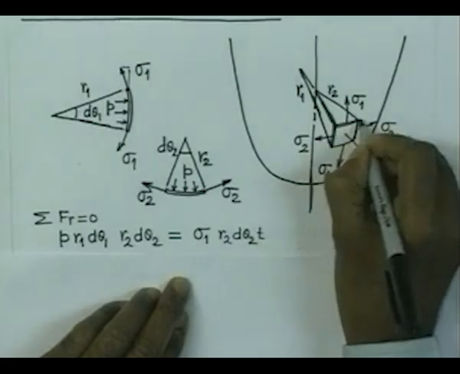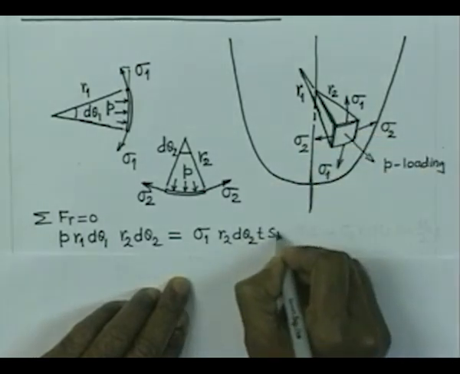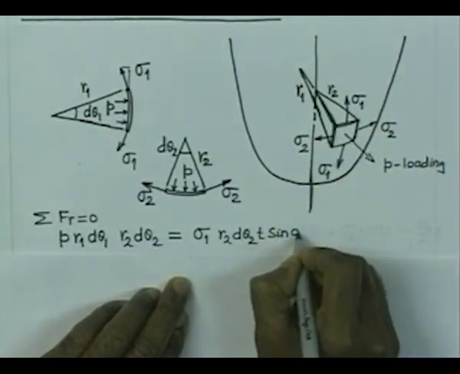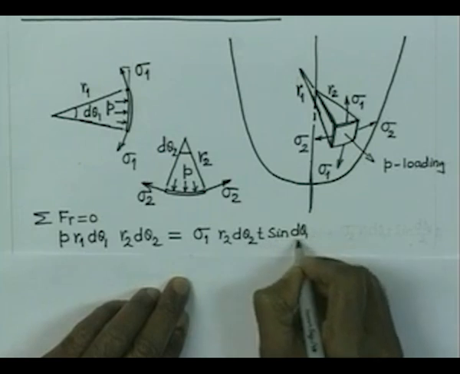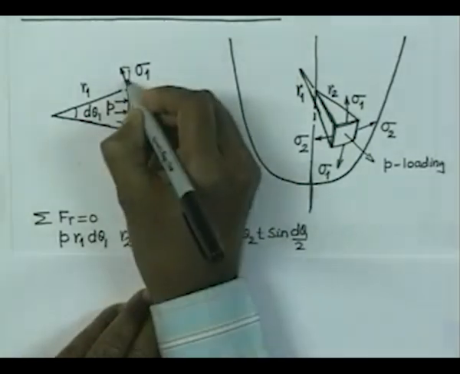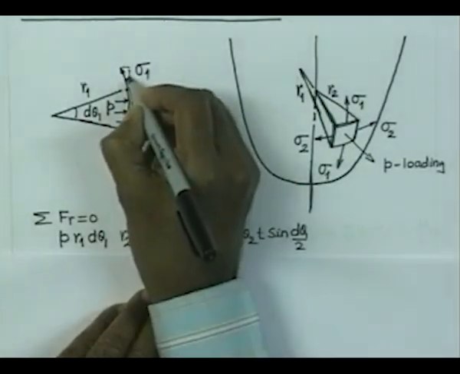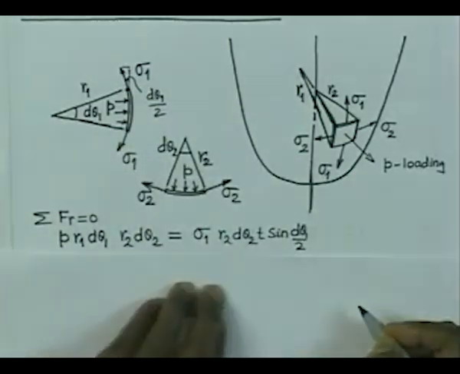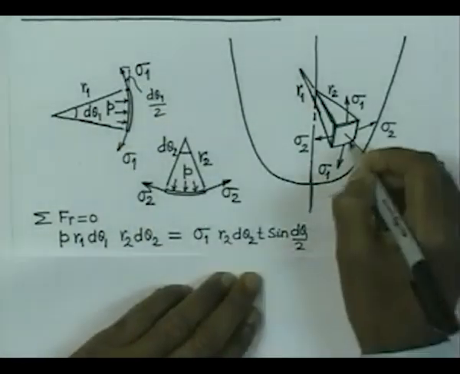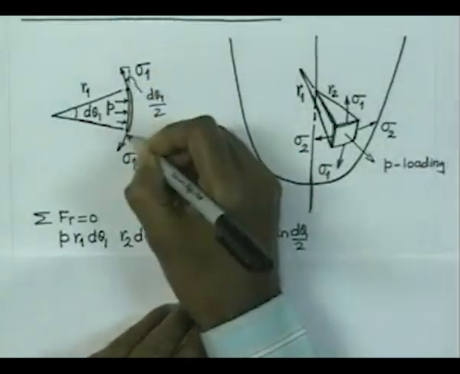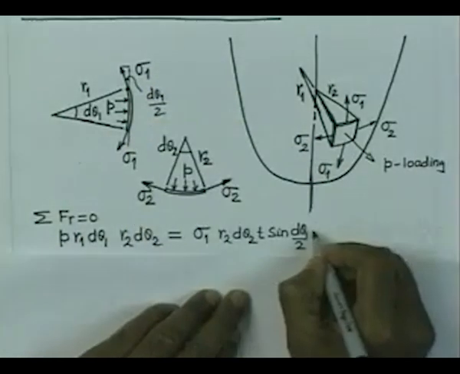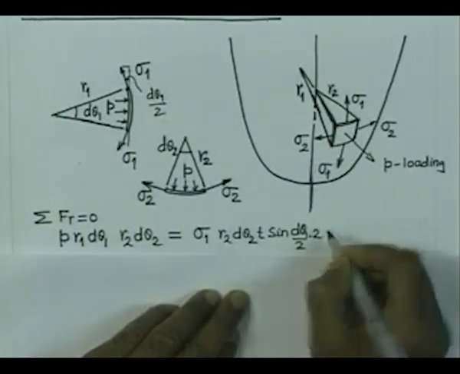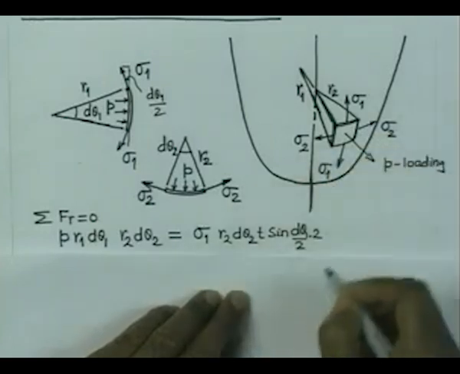So, that is this force and its sine component sine d theta 1 by 2. So, this angle is nothing but d theta 1 by 2, and we have one contribution from this side, another contribution from this side. So, therefore, we can multiply by 2. So, we get the contribution from these two edges.